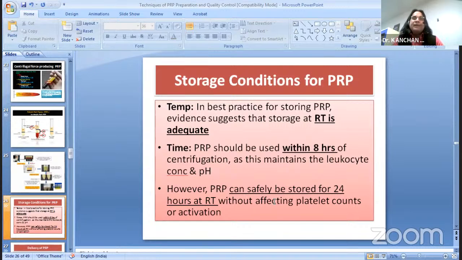However, PRP can be safely stored for 24 hours at room temperature without affecting platelet count or activation. But it's always better to use the PRP as soon as possible after making it, because with longer storage there is a chance of contamination, right? But within 8 hours is quite very good.